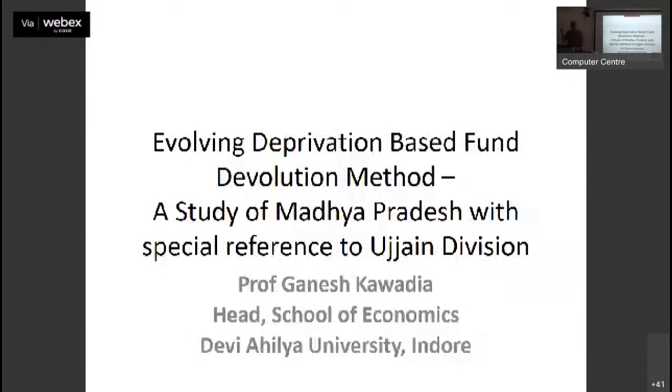So on the basis of their requirement, we did this particular work, evolving a deprivation-based fund devolution method. They have the fund, and we have to distribute it to the districts. Earlier, the Gadgil formula was there for the allocation of funds from the Planning Commission to the states. In the Finance Commission, again, we have a different mechanism of distribution of funds from the center to the states.